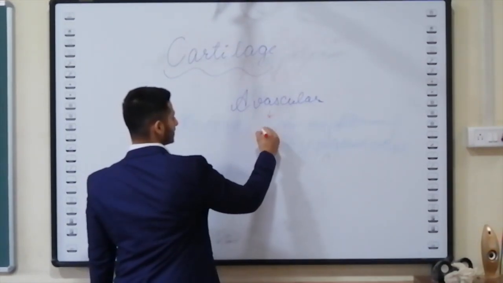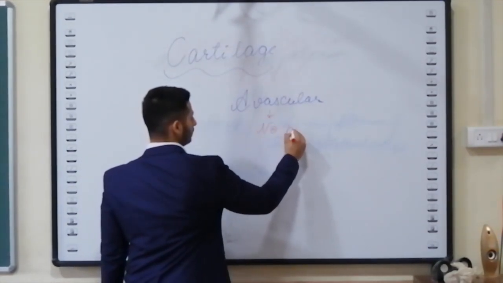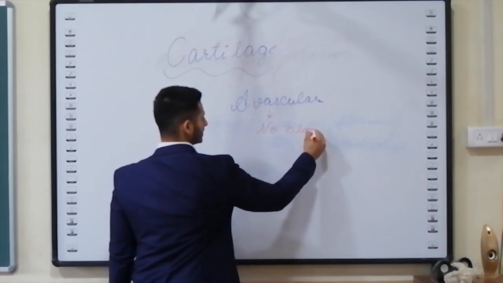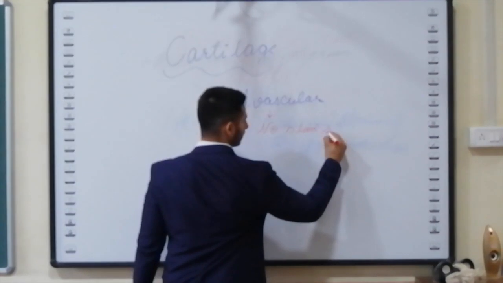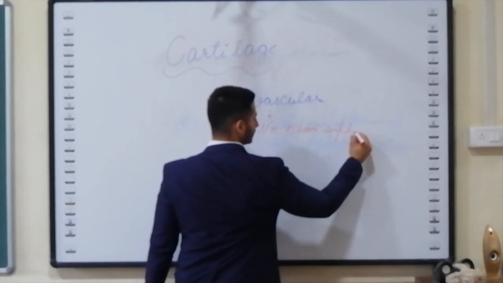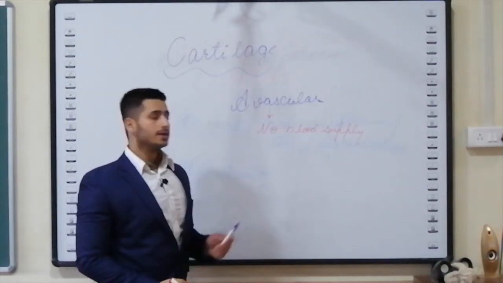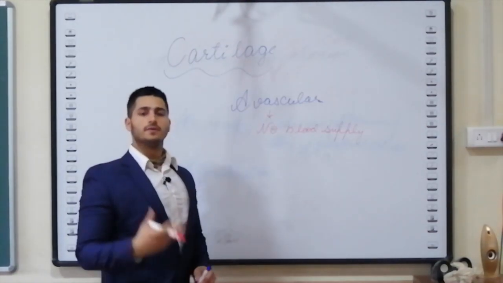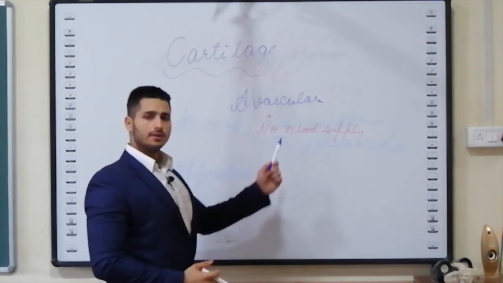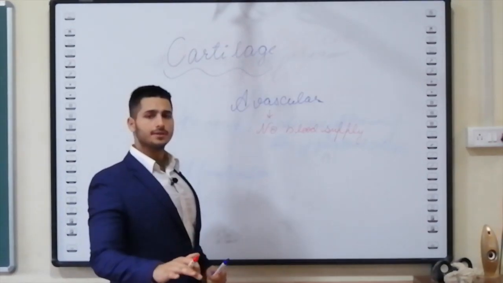Avascular means no blood supply. So cartilage is an avascular form of connective tissue. That means there is no blood supply to the cartilage.